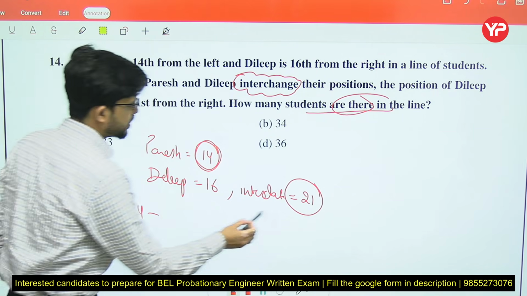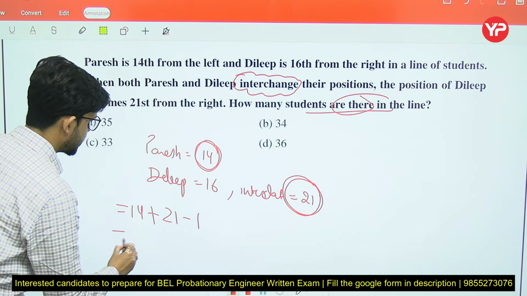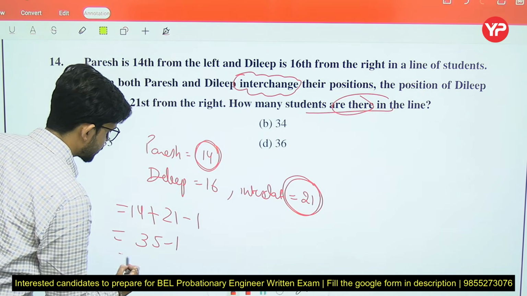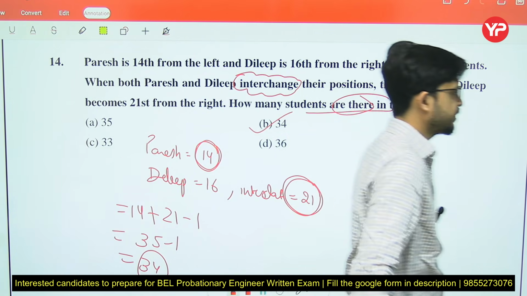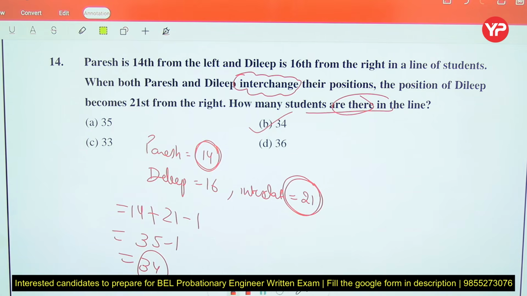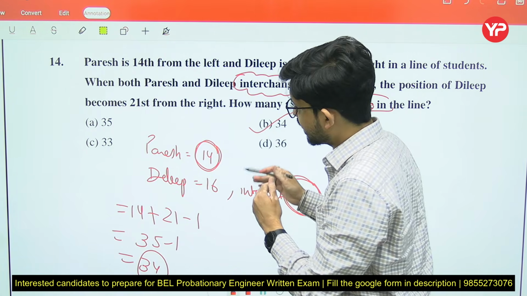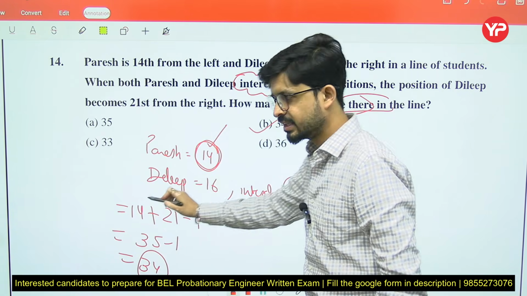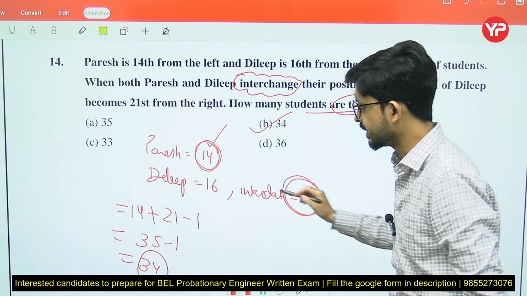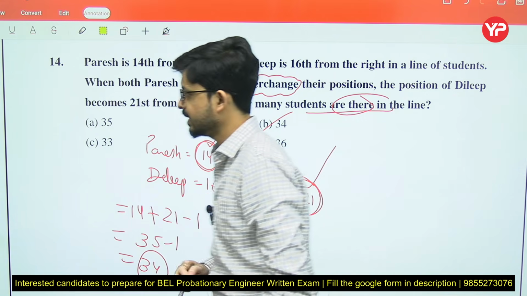Whoever has an interchange ranking, take that ranking, add it and minus 1. You will simply get the total students. So the total is 34. This is the approach for the interchange: we take one ranking for the one who has only one, and the interchange ranking for the one who has two, add them and minus 1.